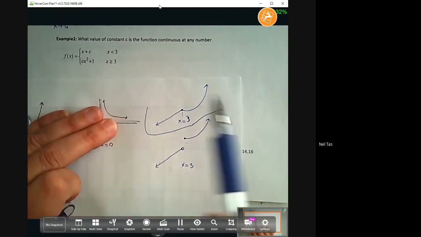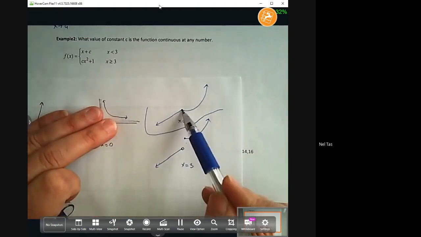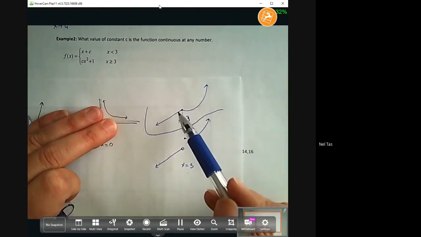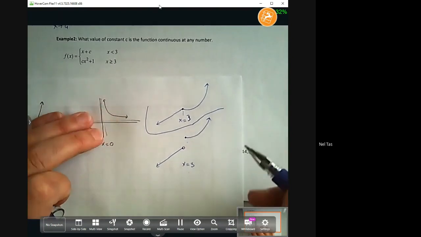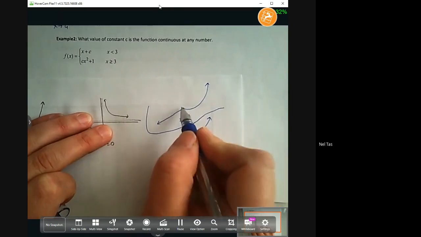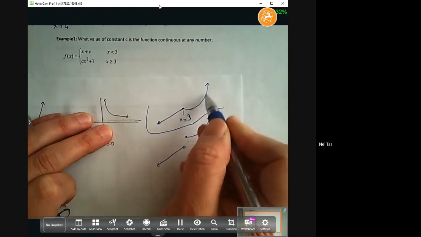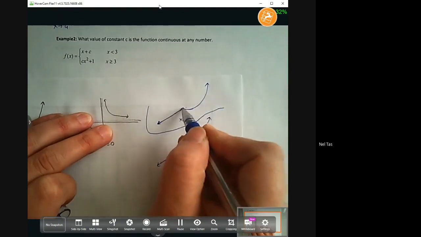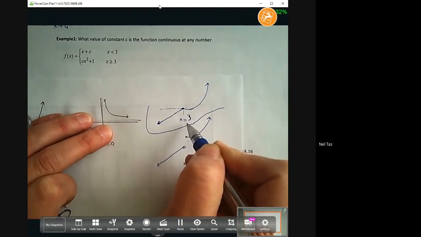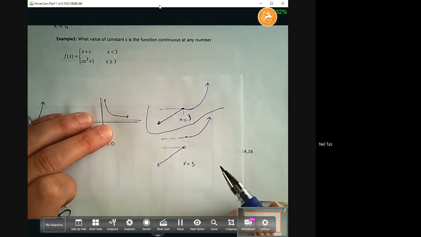We want those two pieces to be attached together. How can we do that? We can only have this if the line piece and the parabola piece have the same y value at x equals 3. If they don't have the same value when x is equal to 3, then it is discontinuous.